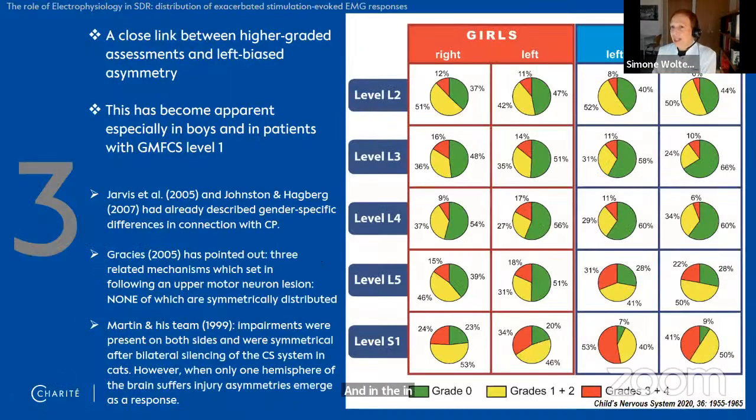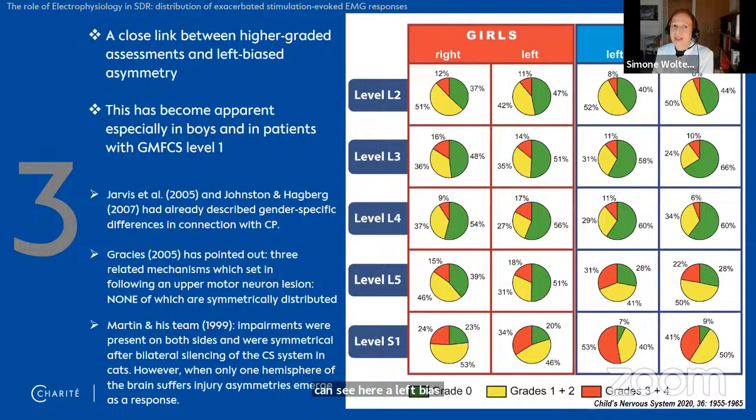In these pie charts, you can see again the differences between the girls and the boys along the segmental level. A close link to higher graded assessments, that is grade 3 and 4, all marked in red. And you can see here a left bias asymmetry.